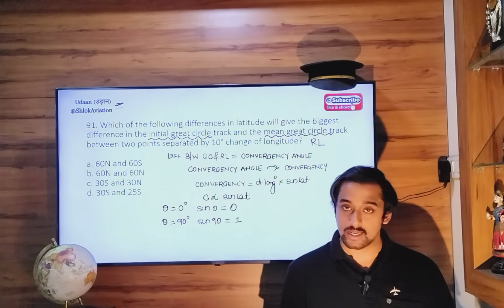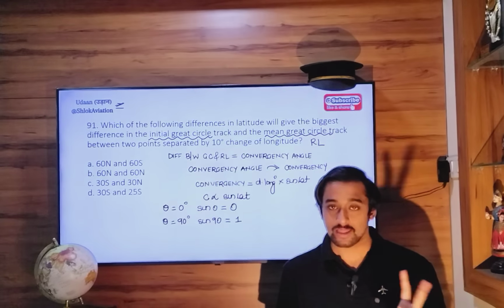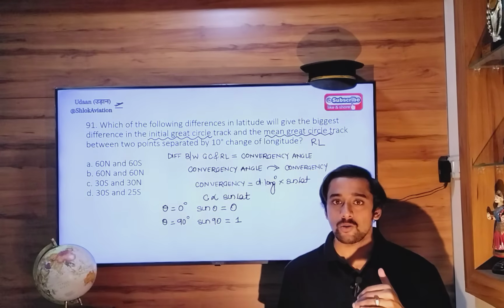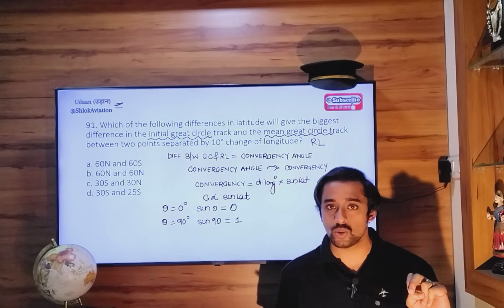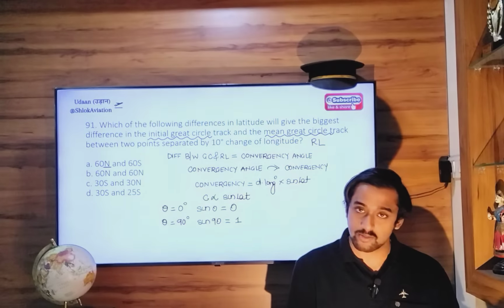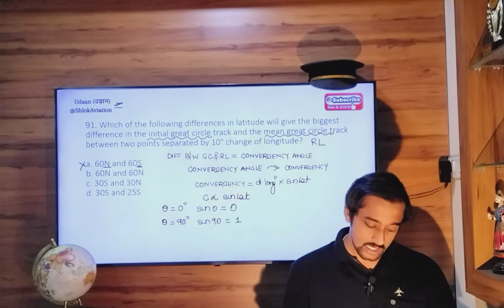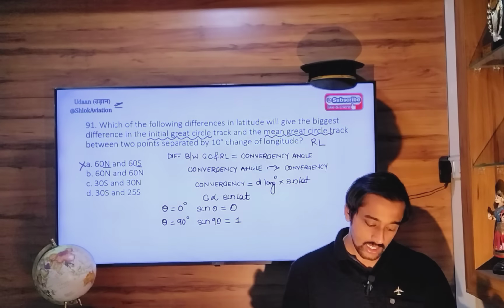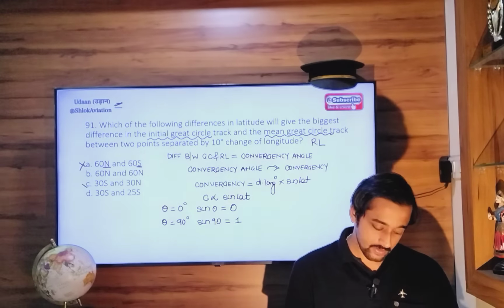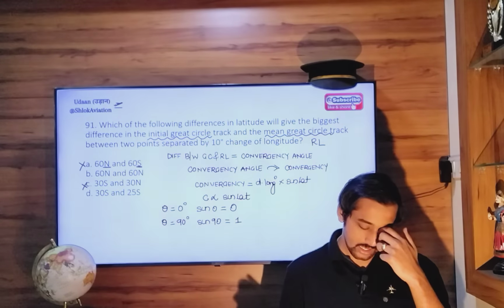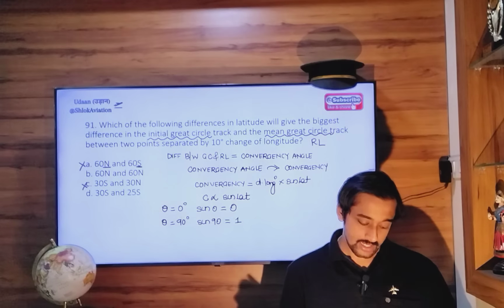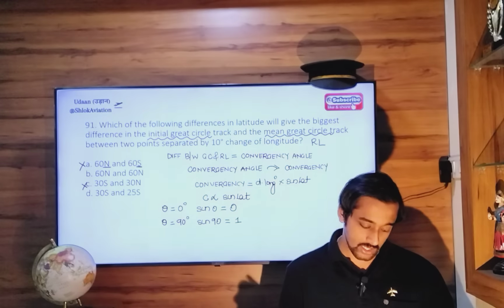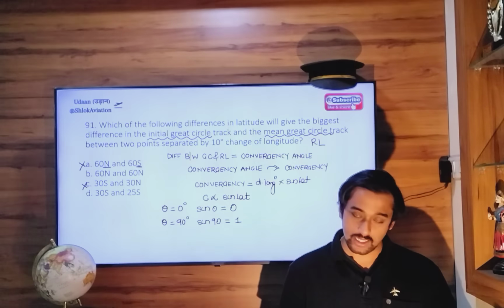Now option A, 60 north and 60 south. There will be no angular difference between these two latitudes because both are in different hemispheres. So eliminated. Similarly, 30 south and 30 north eliminated. Now we have 60 north and 60 north, and 30 south and 25 south.